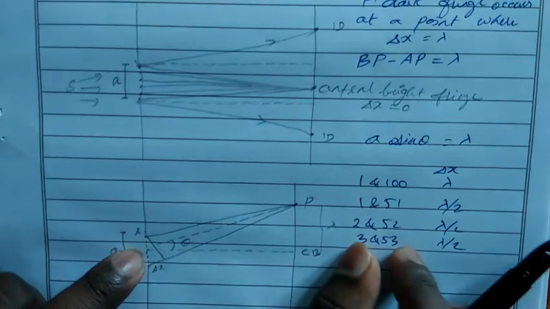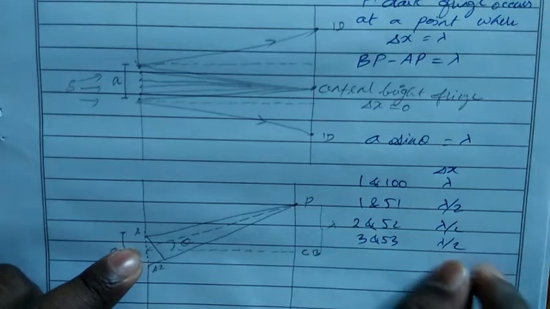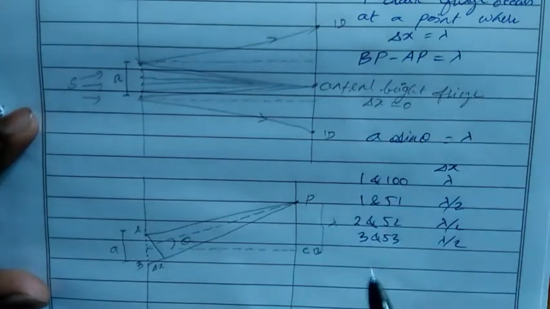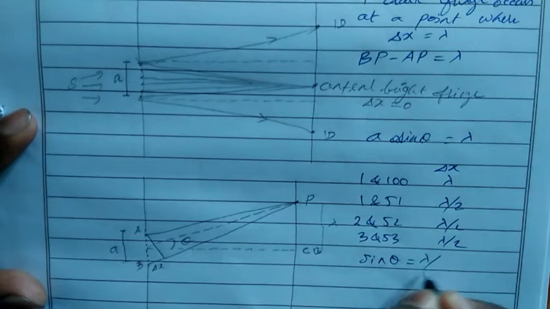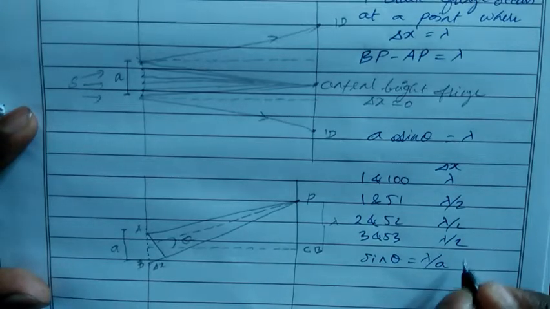Likewise, the difference between two waves is 50, and the path difference is lambda by 2. So we can take our sine theta from this formula: sine theta equals lambda by a. This is the value for the first dark.